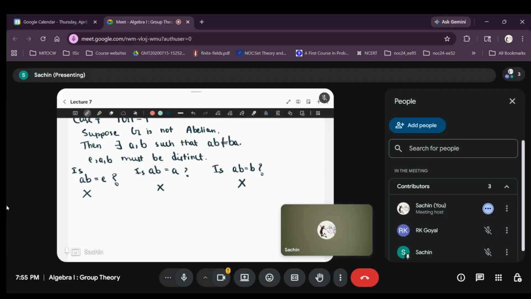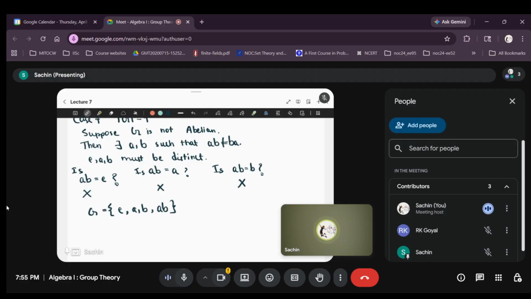So the group is what? It has E, it has A, it has B. The last element I can write as AB. AB is not equal to any of E, A or B, so AB is a distinct element.